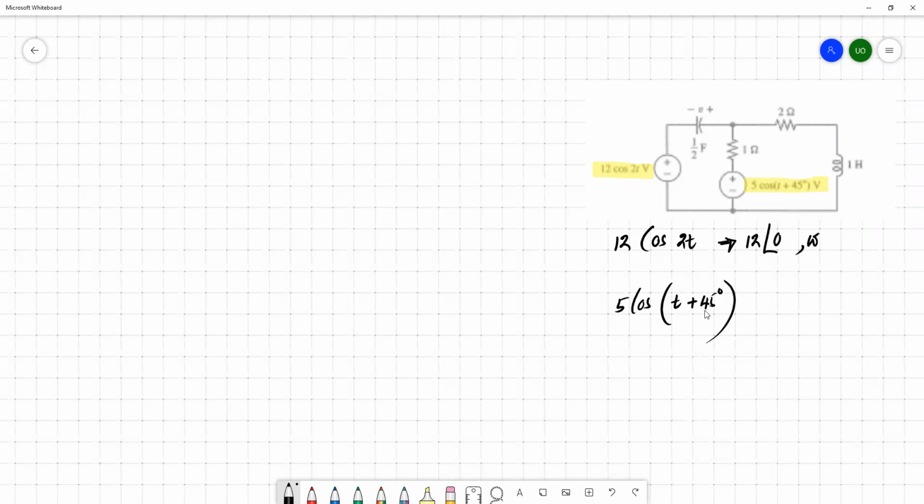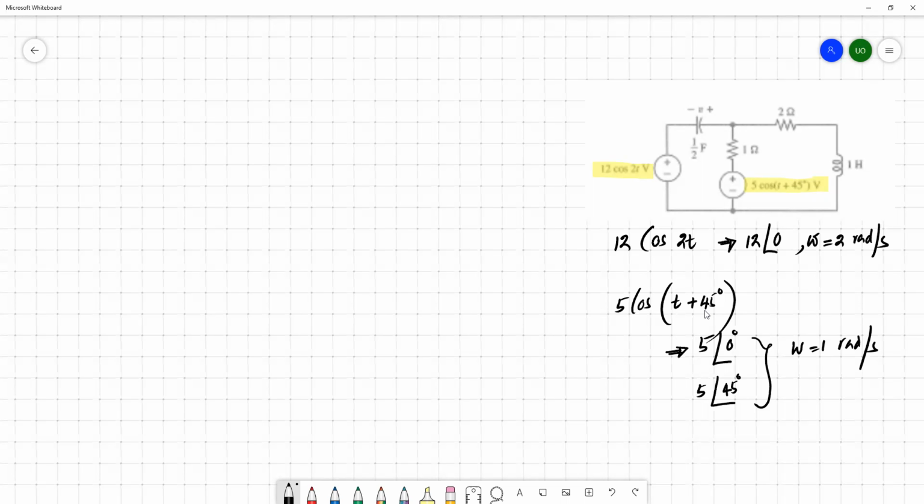What about omega? So here, omega is 2 radians per second. If you convert this into phasor, you can use this form or else you can use this form. But for the other case, omega equals 1 radian per second.